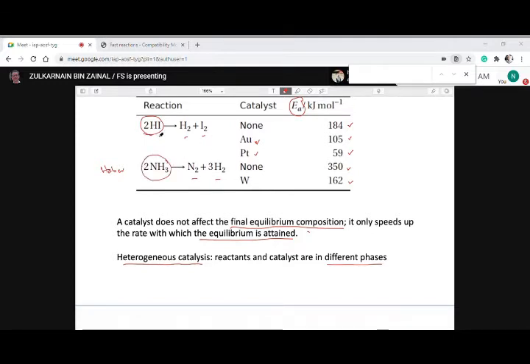They are both in gas phase, and their product is also gas. So what has to happen here, as we discussed earlier, is that the reaction goes on with the adsorption of the reactant, which is HI and ammonia, on the surface of the catalyst, followed by the reaction, diffusion process, and so on, and then the release of the product from the surface of the catalyst.